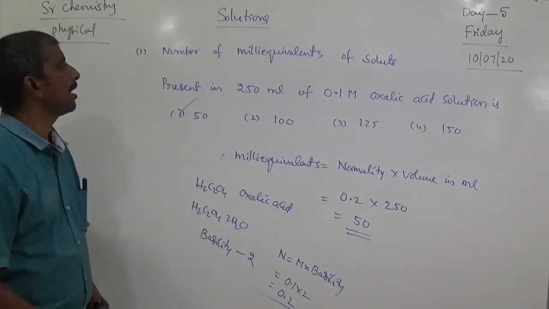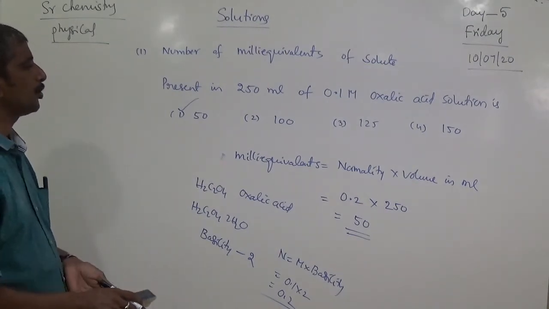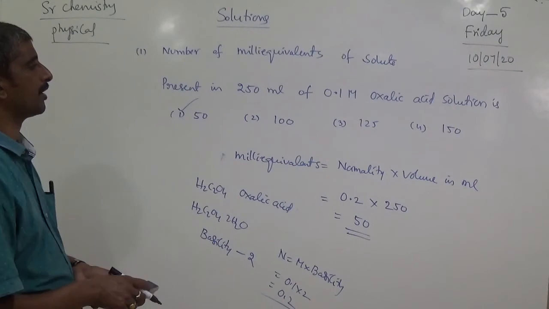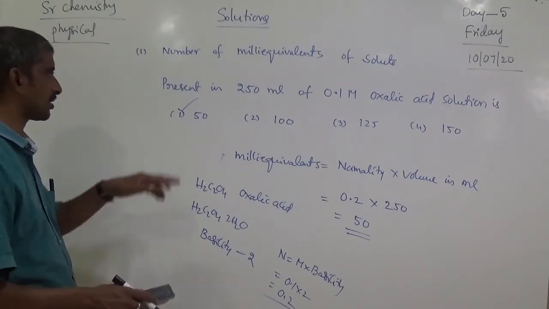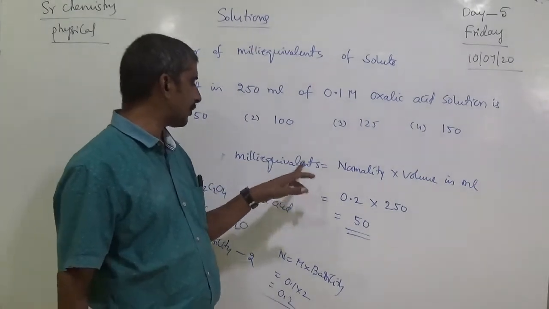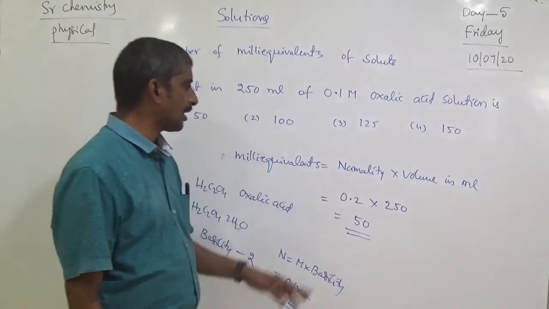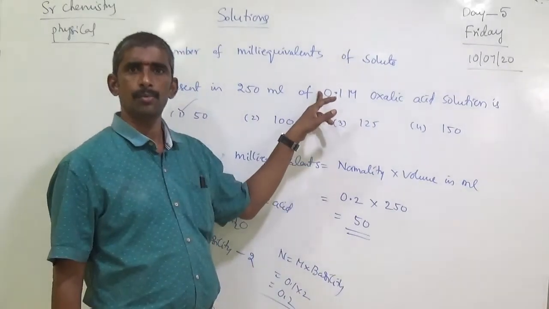Once again, the number of milli equivalents of solute present in 250 ml of 0.1 M oxalic acid solution is how much? 50. The formula: milli equivalents equals normality into volume in ml. Normality is not given, molarity is given.